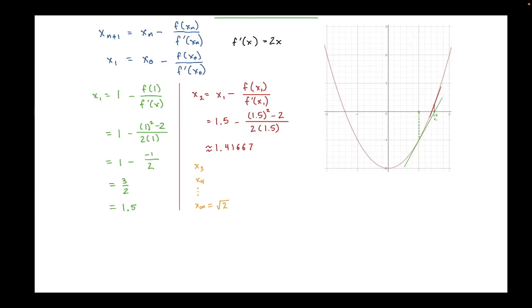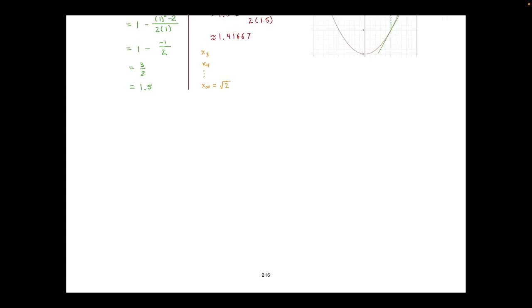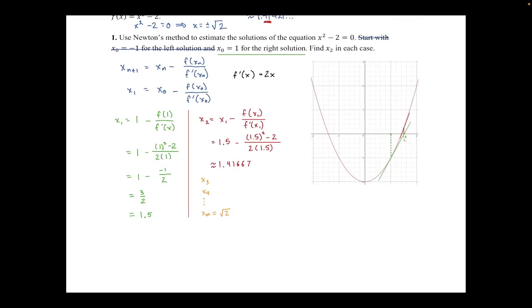If we look down here, we have a table of some of the accurate values. Well, we used to. Never mind, we don't anymore. I think if we were to actually do x sub 3, I computed that. That one is going to be 1.41422.